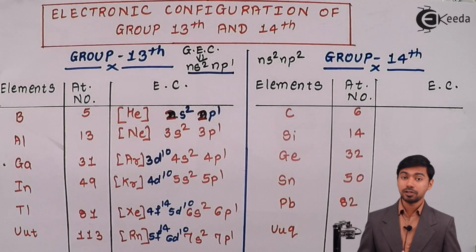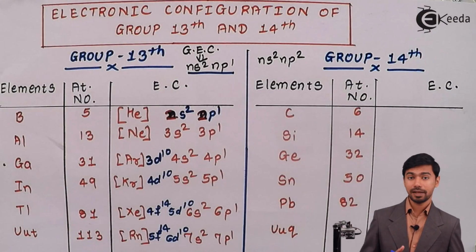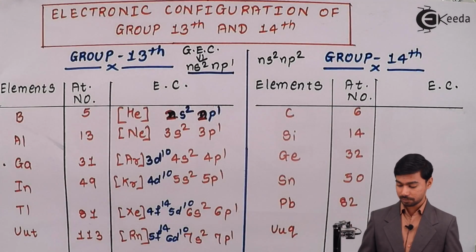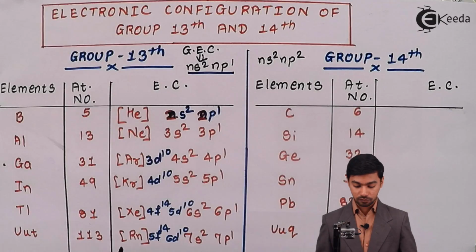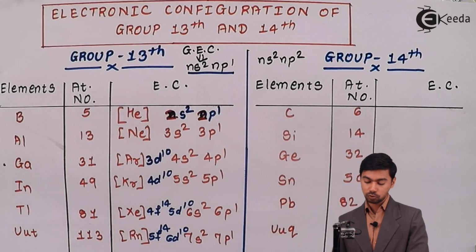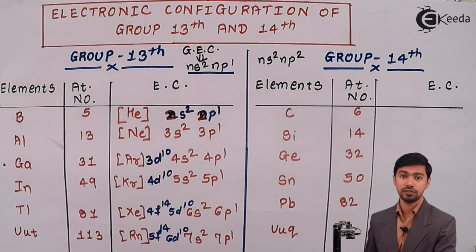So like that, by using this modification, we can make the electronic configuration simpler in terms of p block elements. This is the electronic configuration of group 13 that we have finished right now. But let us move towards the group 14 electronic configuration.